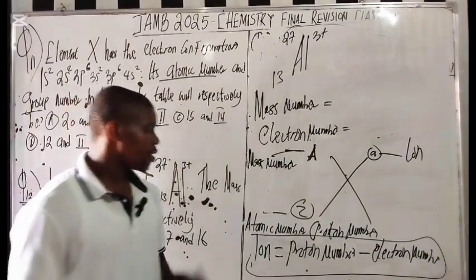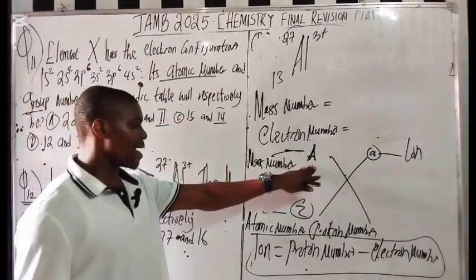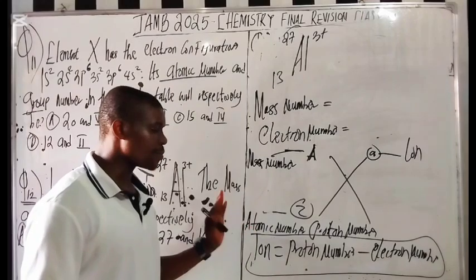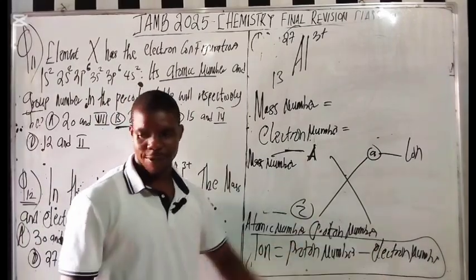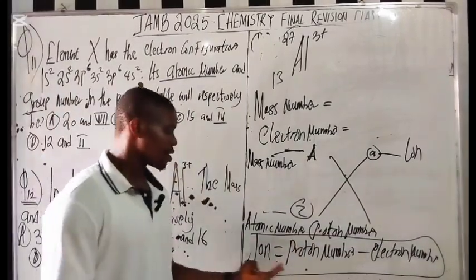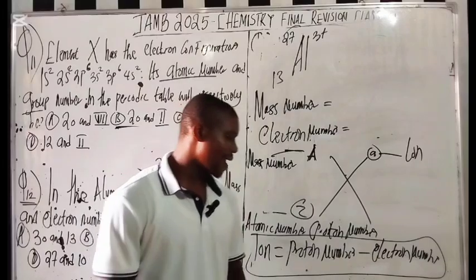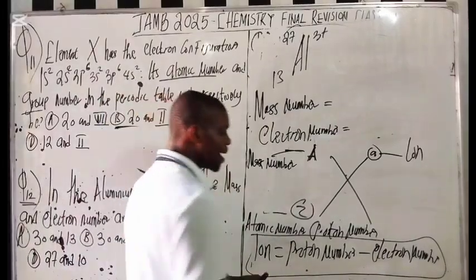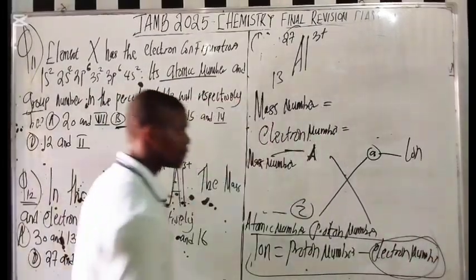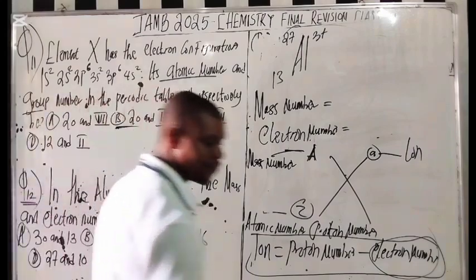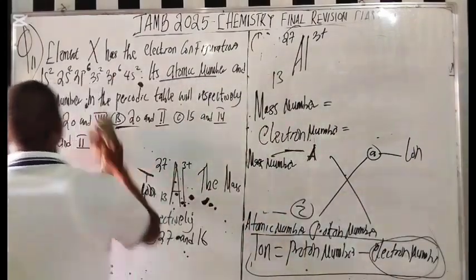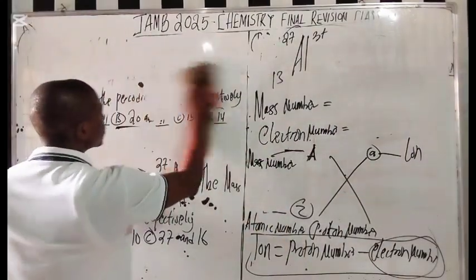Because for you to get this, this is my mass number. Here is my atomic number. Atomic number is just the same thing as proton number, right? Now ion is proton number minus electron number. You have to make electron number the subject of the formula here. Before that, you have to get something like this.